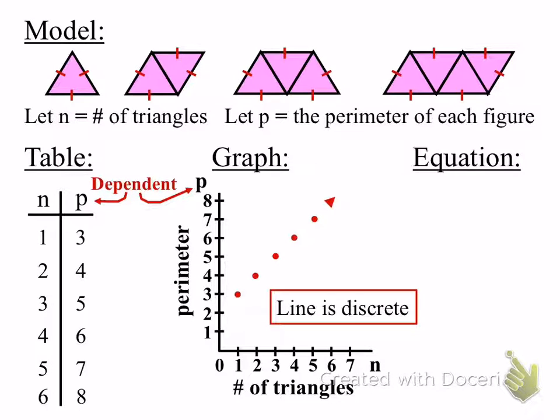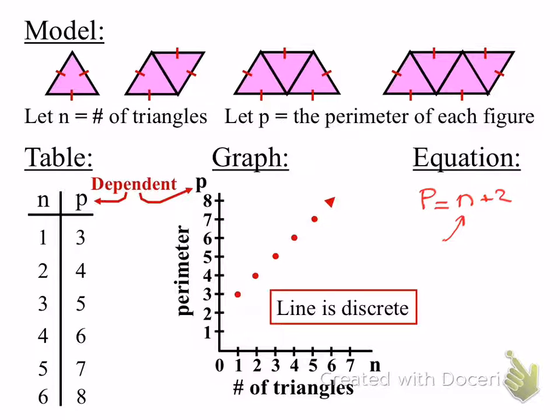So in this case, now can we predict what the equation would be? My perimeter, you said, is the depender. So perimeter is equal to what? In the back there, Caitlin. Every time, number of triangles plus 2. And so if I use that equation and I input 2 triangles, I get out my perimeter.